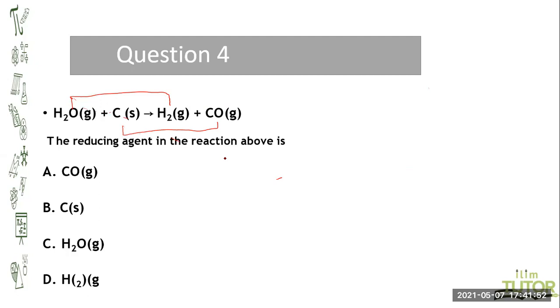So if I have this, which one is oxidation, which one is reduction? So I can see that oxygen has been removed from water. So this one is reduction. Oxygen has been added to carbon. This is oxidation.